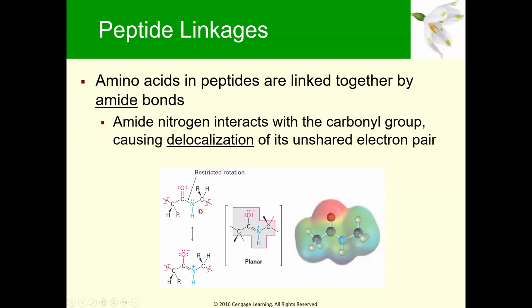You can see that in these molecules, you've got the C double bond O connected to the nitrogen. The nitrogen in this case is a secondary one. It has one other substituent on it, still one hydrogen, but there is one amino acid where it would not be a hydrogen here. It would be another R group, and that's proline. You don't need to memorize those, but recognize that not all of them have an NH bond.